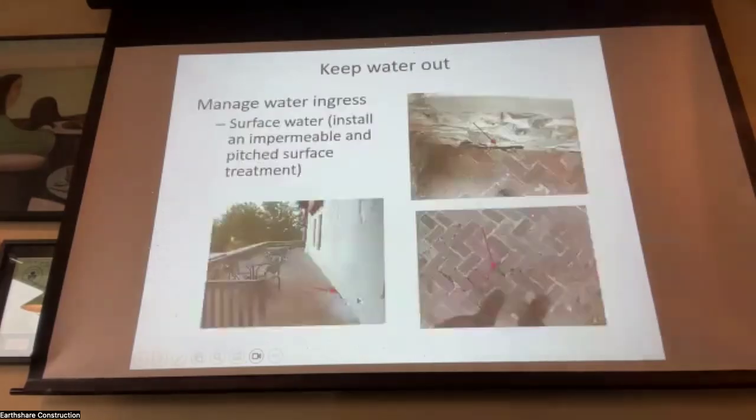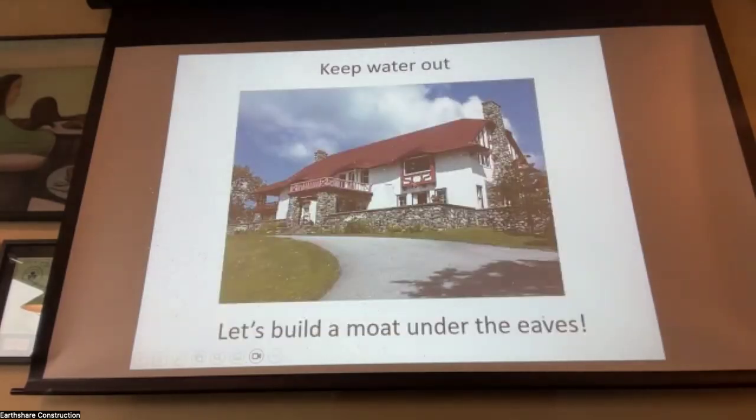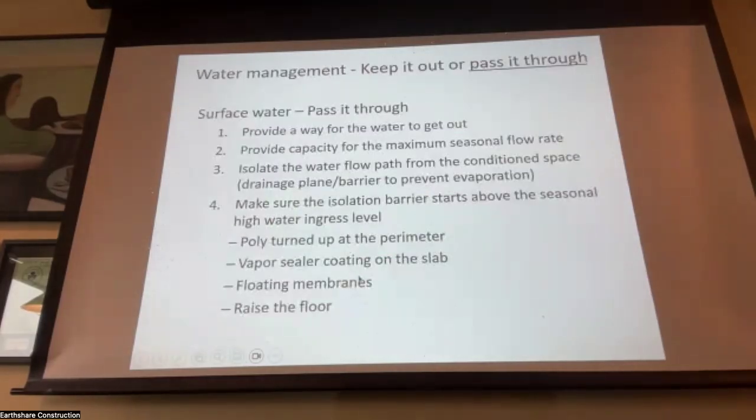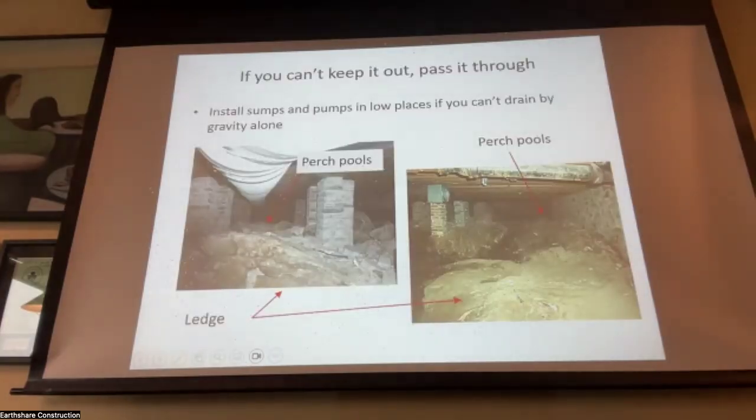Okay, so this is this building with ledge everywhere in the basement. And there are places in this ledge that are what I call a perch, where the water is a pool. So the water's coming in through the foundation, but it can't run over to the low point in the basement because the ledge is a mountain range and it's in the valley between the mountains.